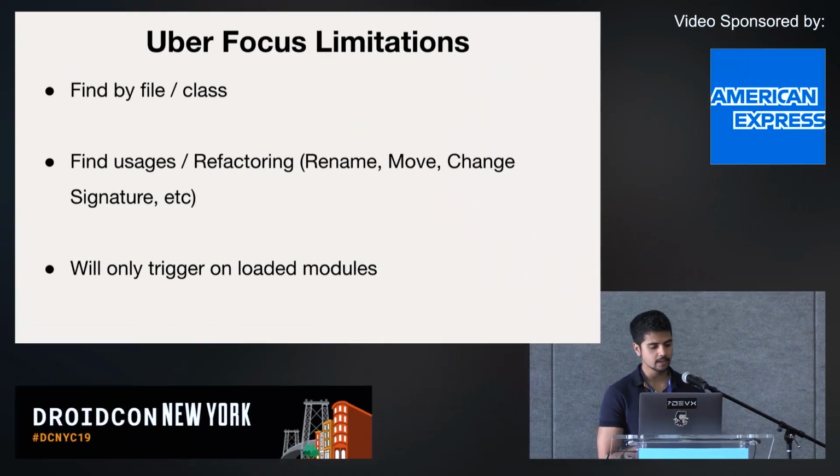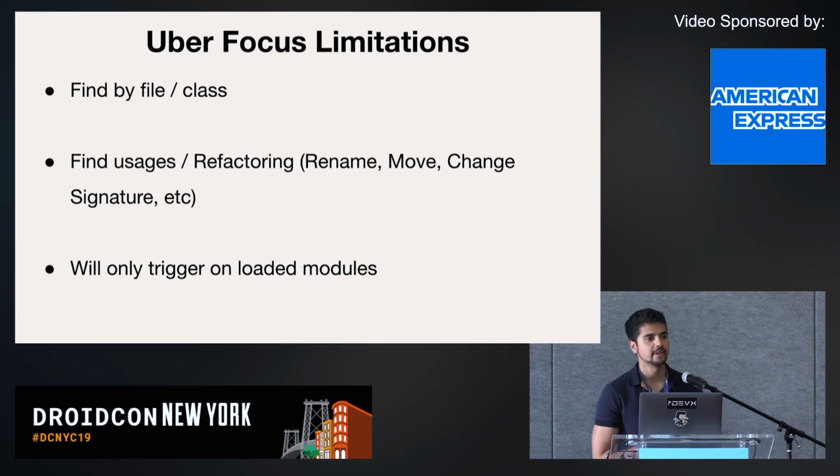First off, find by file or find by class, which is something that folks are really used to when it comes to development, to quickly jump over to their source files from different modules, from different libraries, stops working when you don't have the entire graph loaded into memory. So this level of skipping is now lost as a feature.